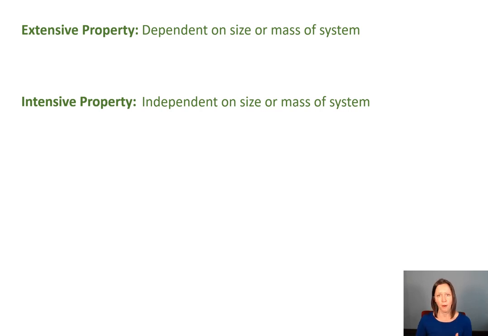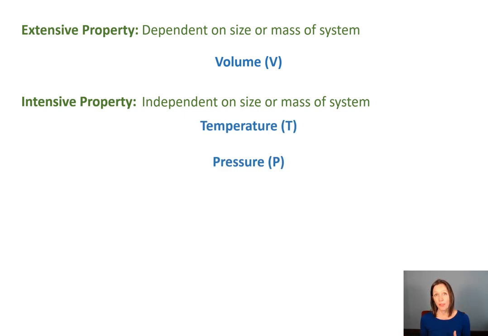So we've got three properties: temperature, pressure, and volume. Let's see which one of these camps those fall into. We'll start with the easiest, volume. I think it's pretty obvious that volume is absolutely dependent on the size of the system. But what's not as obvious might be temperature and pressure. And they end up falling in the intensive property camp. If we think about it, the room that you're in is probably about 25 degrees Celsius.